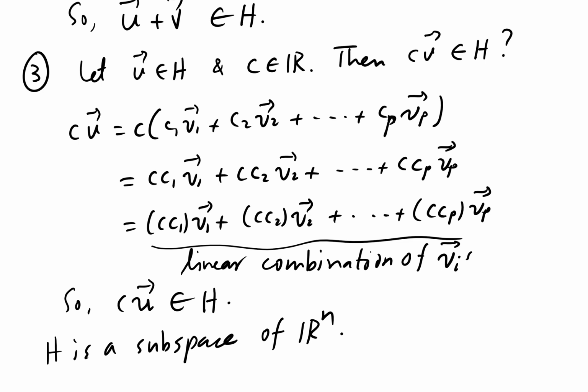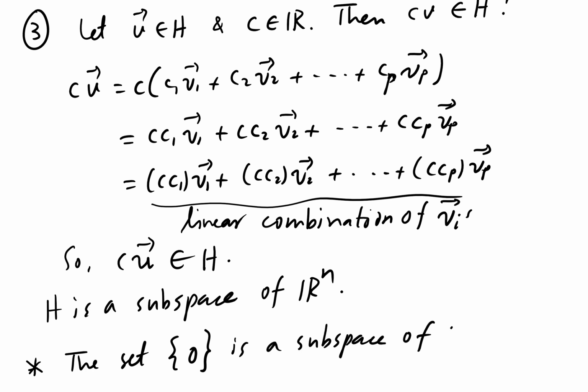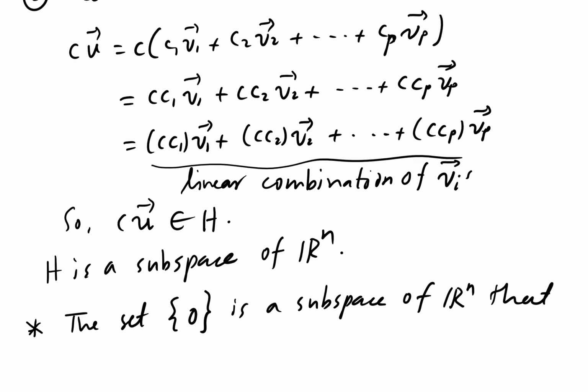H is the set of the span of the vectors. Keep in mind the set containing only the zero vector is a subspace of Rn.